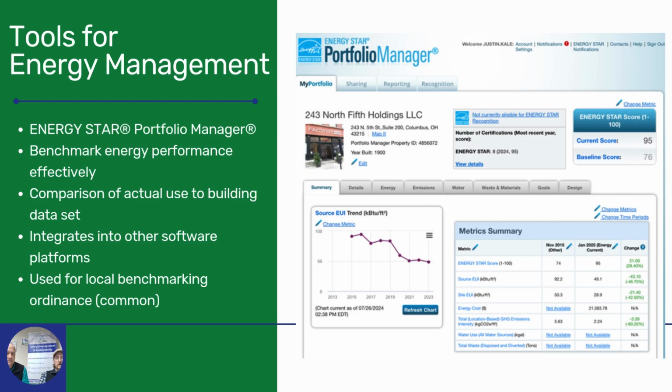And so, we start to use some software tools. One of the more basic tools out there is Energy Star's Portfolio Manager. It's a tool that takes very few data inputs, things like the building's size, the address, maybe how many people are in the building, how big the kitchen area is, maybe specific characteristics related to that building type.